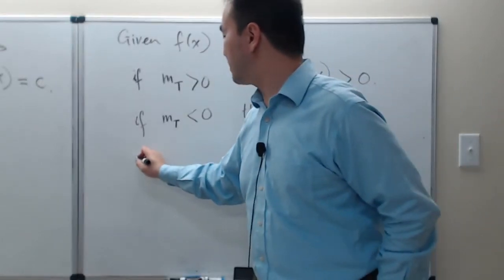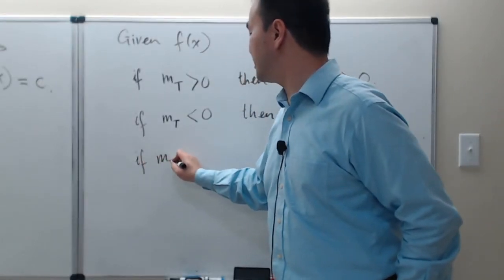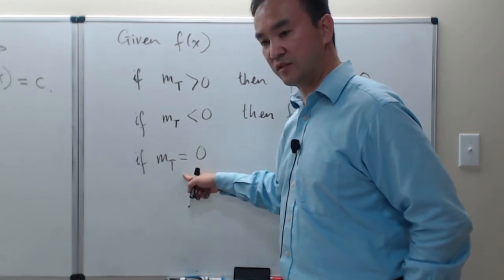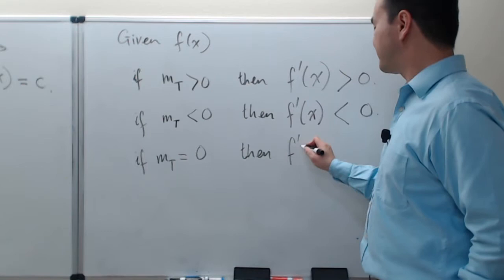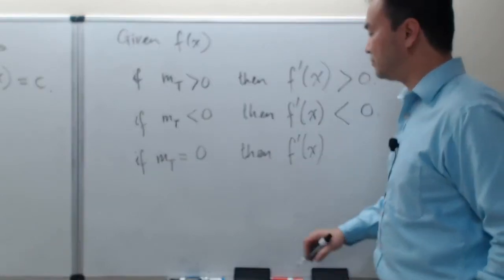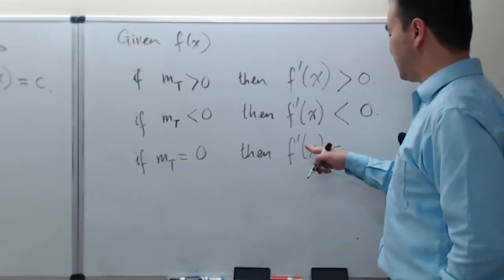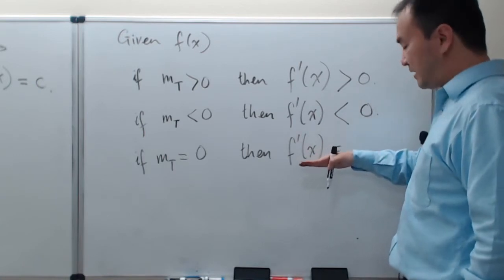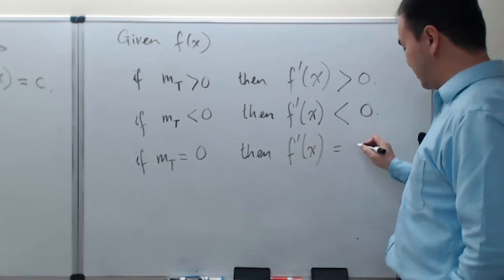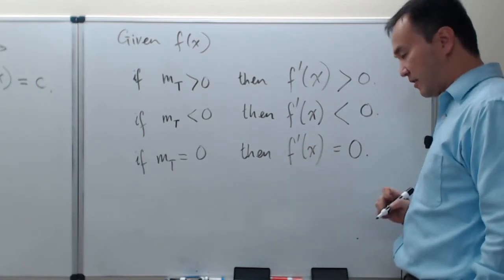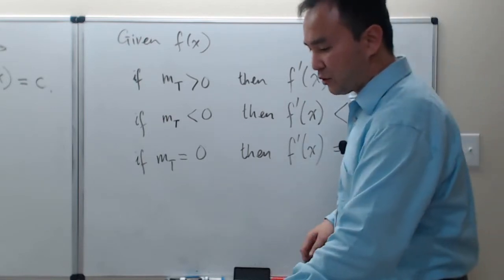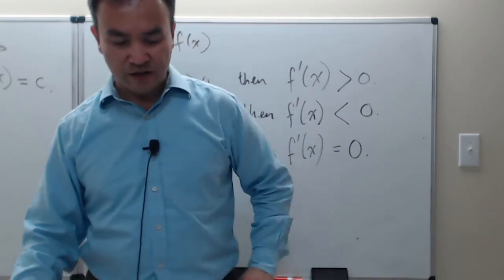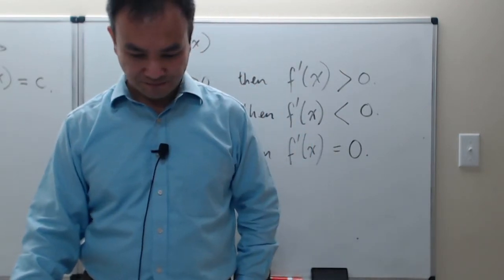And if our tangent line is horizontal, slope equals 0, then at that particular value f prime, the derivative as a function, is going to carry an output value equal to 0. Let me quickly demonstrate that in a different graph.